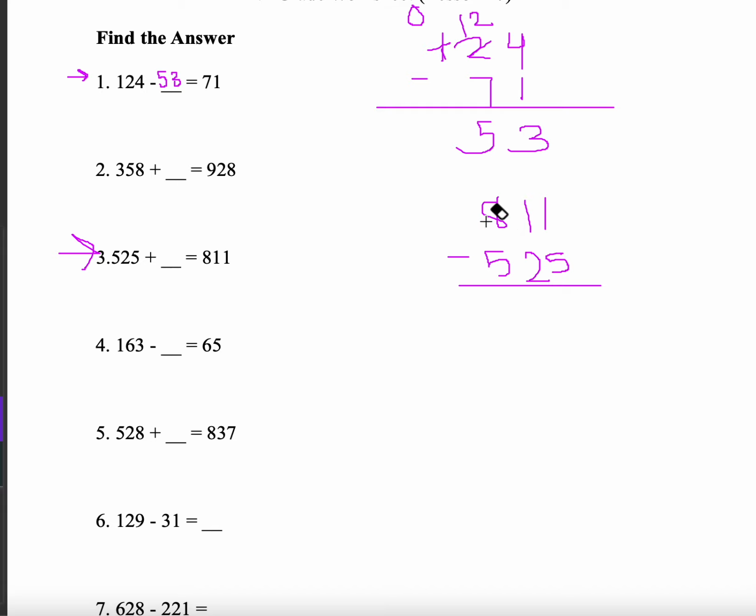And when we retry it, 811 minus 525 would actually be 286.